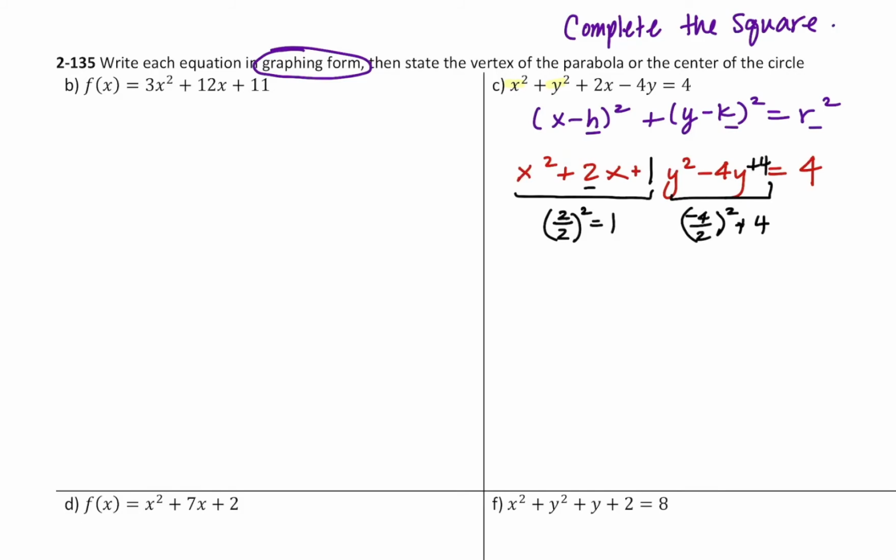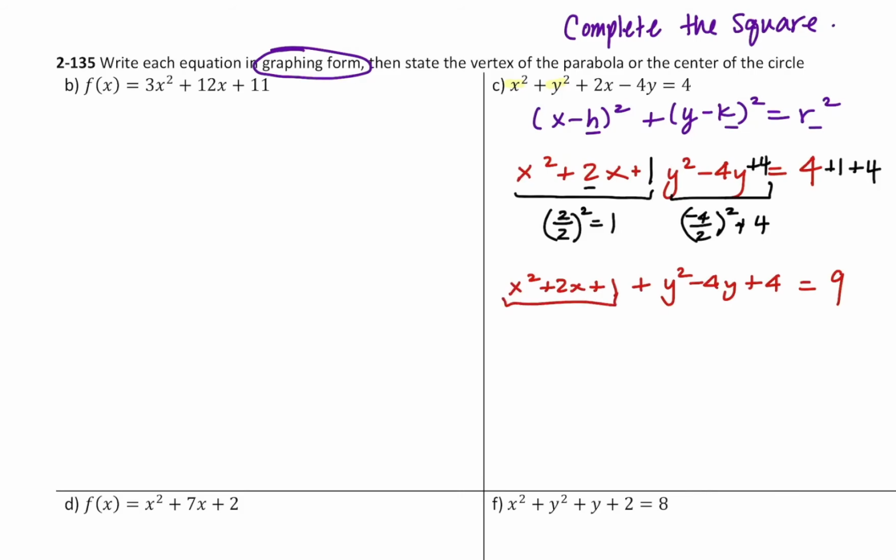But what do we remember about equations? Whatever you do to one side, you have to do to both sides. So you add 1 and the 4 as well to keep it balanced. If you added 1 and 4 on the left side, do the same thing on the other side. Now if I rewrite all of this, it's going to be x² + 2x + 1 plus y² − 4y + 4 equals 9.